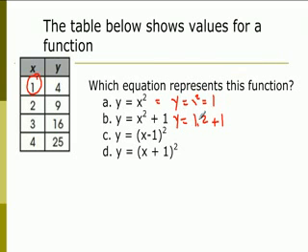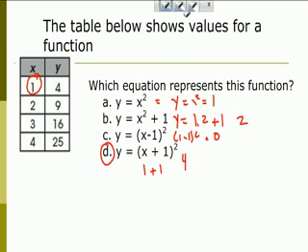So 1 squared is 1. 1 plus 1 is 2. That's not right. X minus 1 squared: 1 minus 1 squared is 0. And then x plus 1 squared: 1 plus 1 is 2. 2 squared is 4. So right now, D is working.